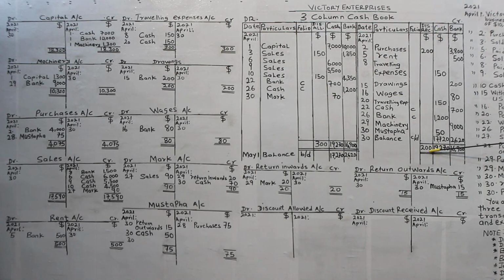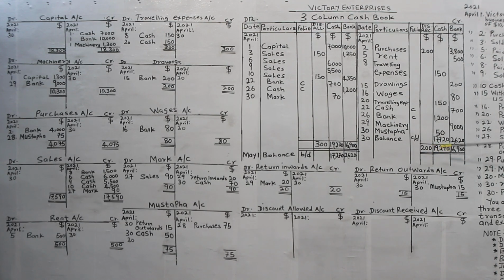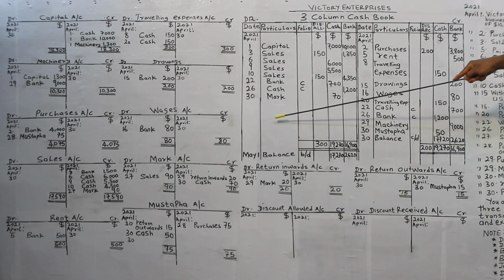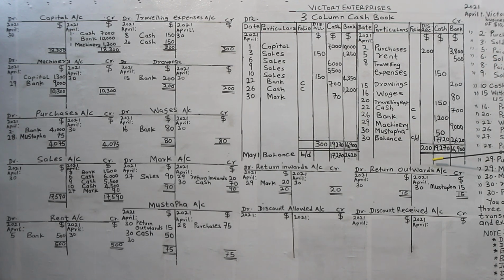It should be noted that if the total cash paid out is greater than the total cash received, then the balance carried down will appear on the debit side, while the balance brought down will appear on the credit side.